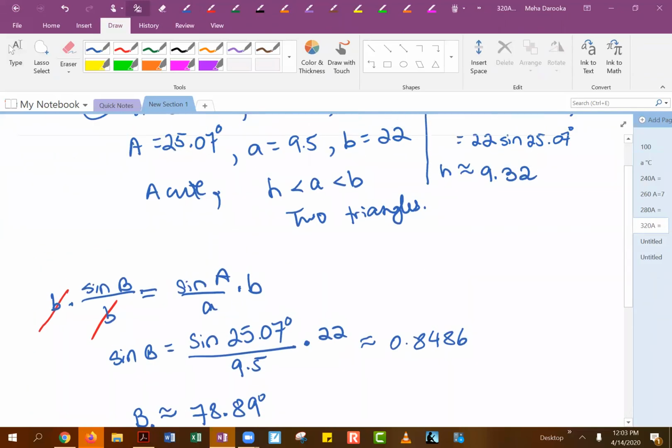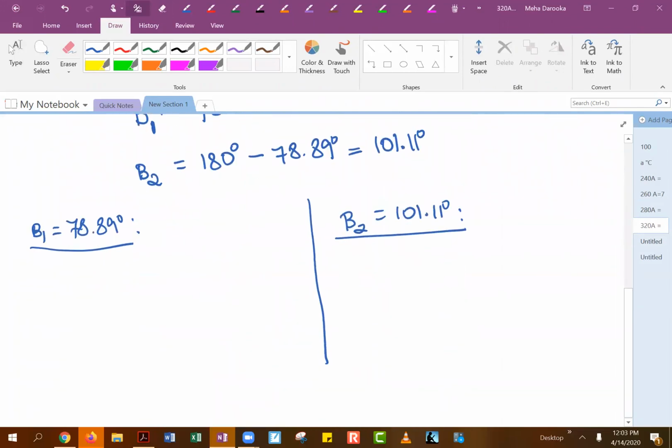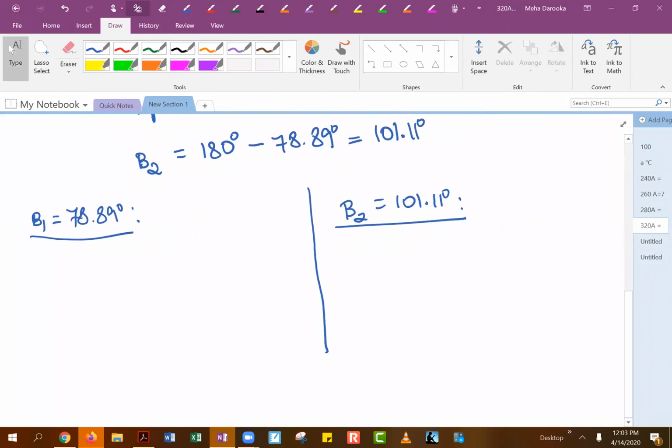Alrighty, so let's take a look here. To find angle C, we have 180 degrees, subtract angle A and B1 from this. What was angle A again?